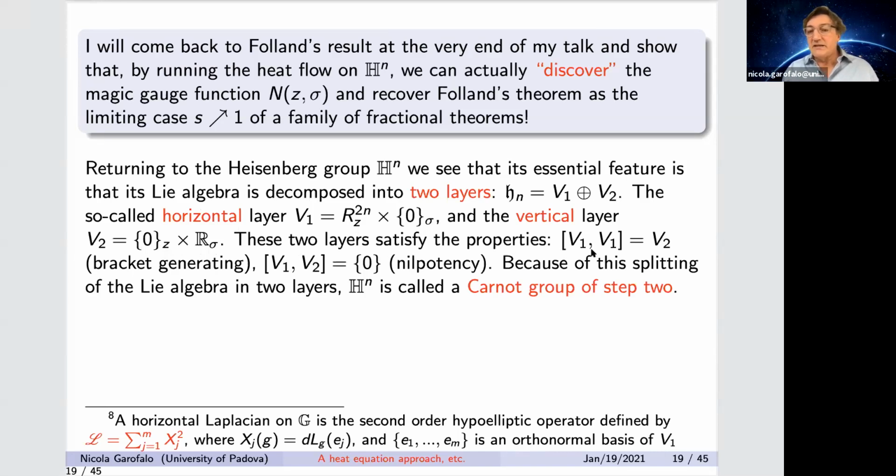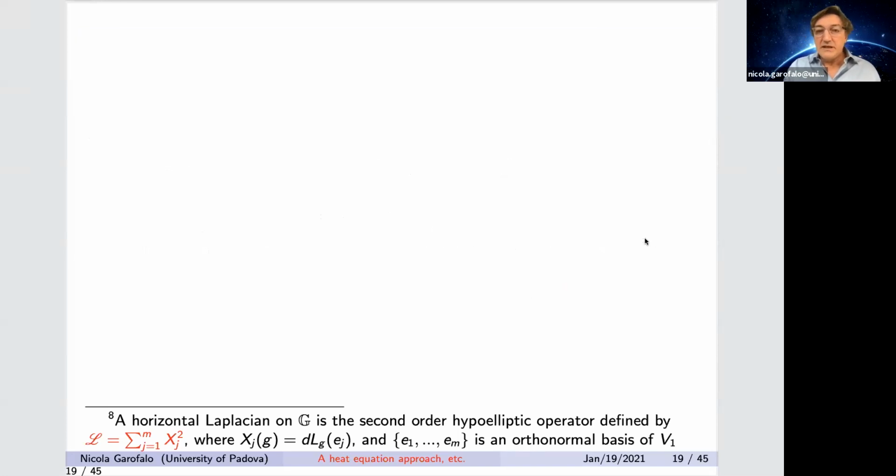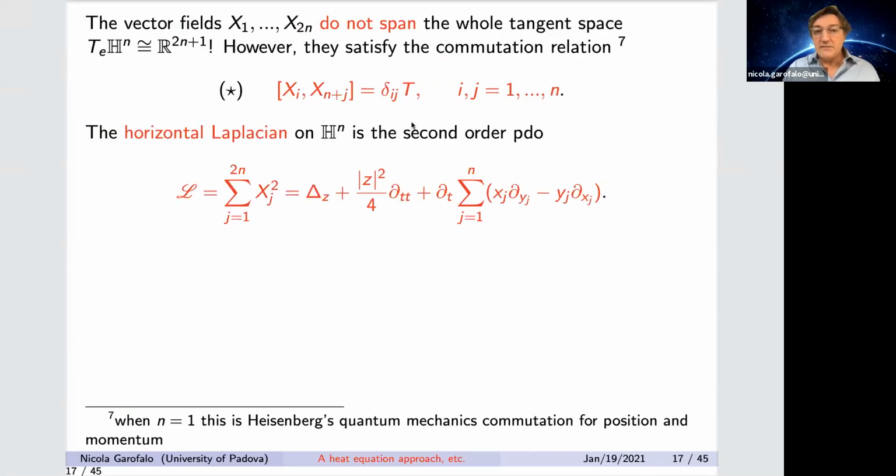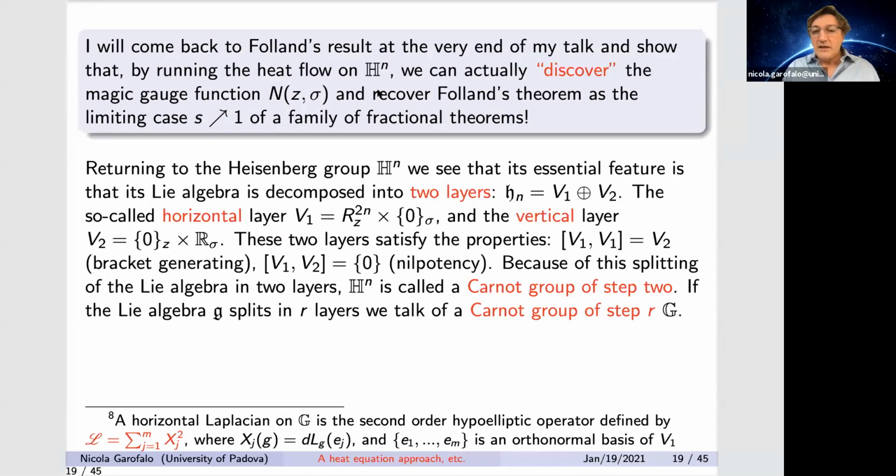These 2 layers satisfy the property that the bracket between V1 and V1 is equal to V2. This is codified by this commutation relation. And then V1 bracket V2 is 0. This is the so-called nilpotency property.